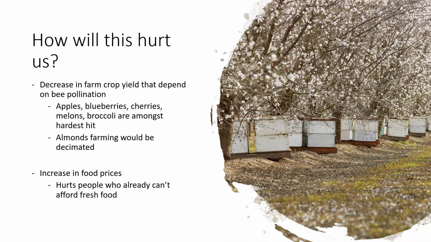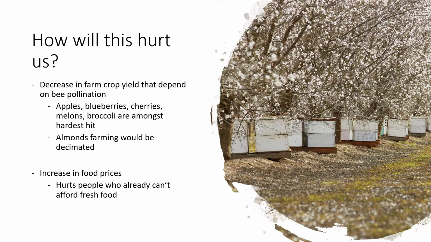This is not a problem that is exclusive to bees. If bee populations continue to drop, it will hurt us as well. A decrease in pollinator population will lead to an overall decrease in farm crop yields, especially on things like apples, blueberries, cherries, melons, broccoli, and especially almonds, which solely rely on bee pollination to thrive.